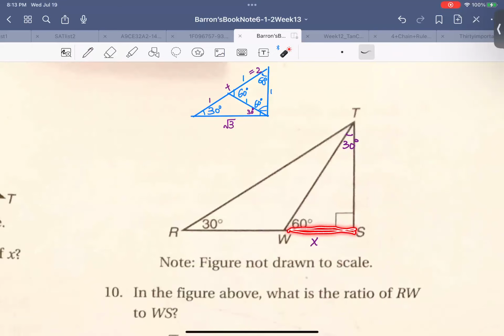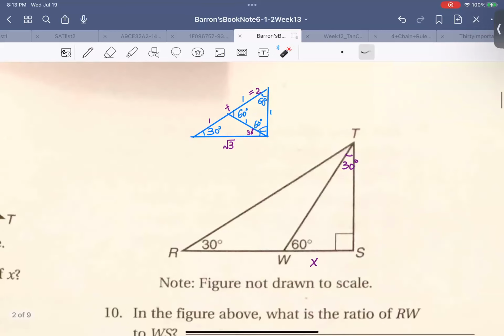If this is x, then how long will this one be? You see, it's proportional. If the shortest is 1, the longest will be 2. The middle one is square root of 3. That one will be square root of 3 times x.